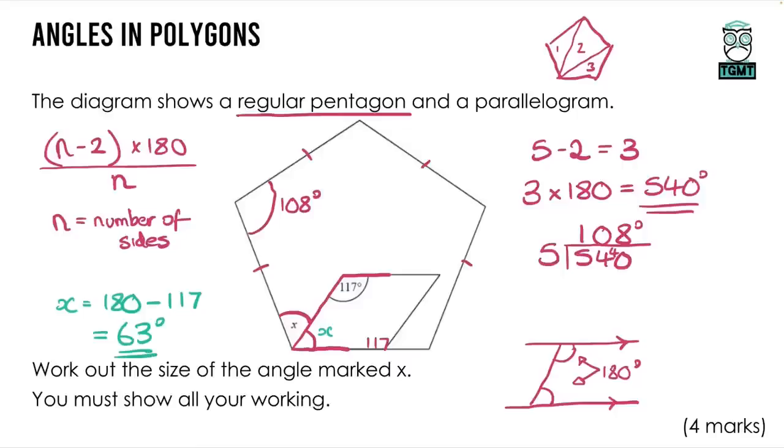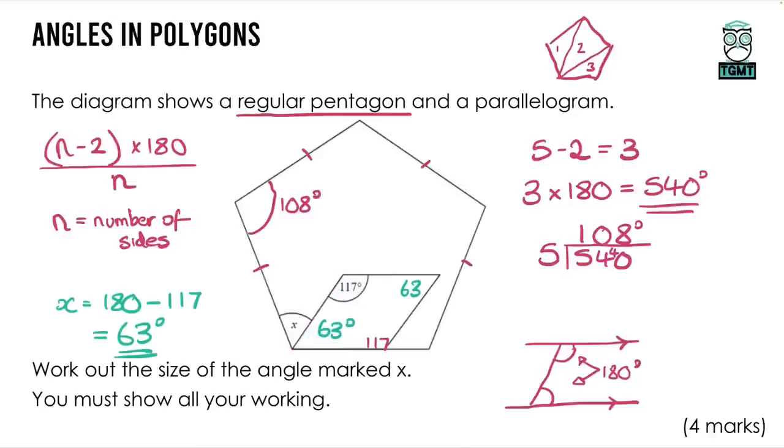So that one there is 63. We'll replace that. We'll put the little X here, that's 63 degrees. So we're almost there. We found the interior angle of the pentagon. We found the interior angles within that parallelogram, because this is 63 as well. To find this missing angle that the question's looking for, let's get rid of all these lines.